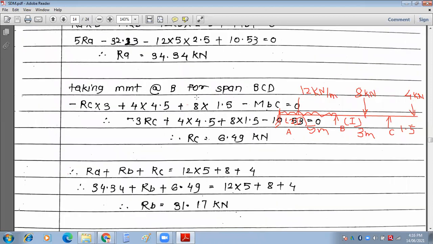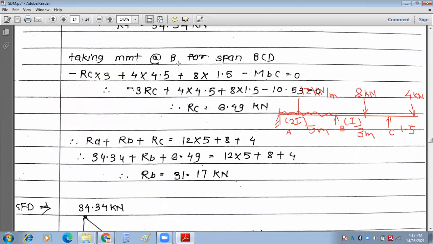Now let us consider this one. Take the moment at B for the span BCD. BCD means this right side span, and we have to take the moment at B. Well, first of all, reaction RC into perpendicular distance, which is 3, therefore minus RC into 3.